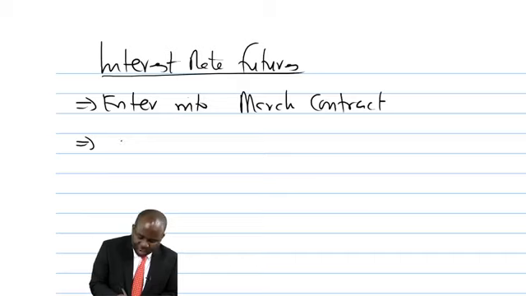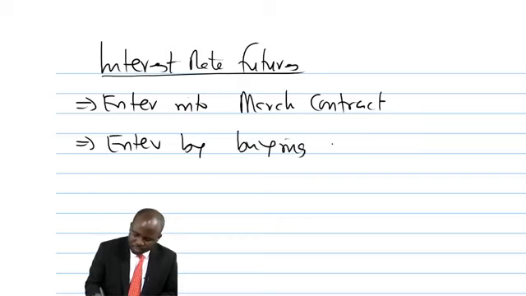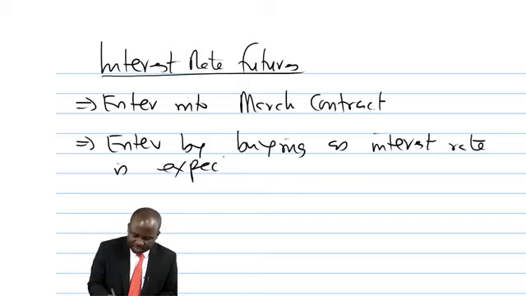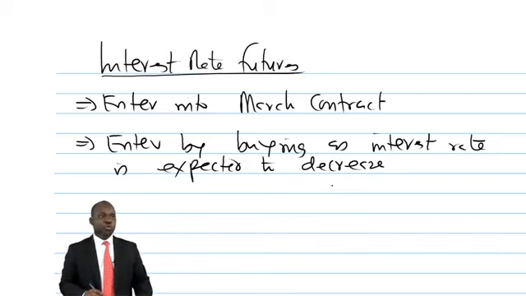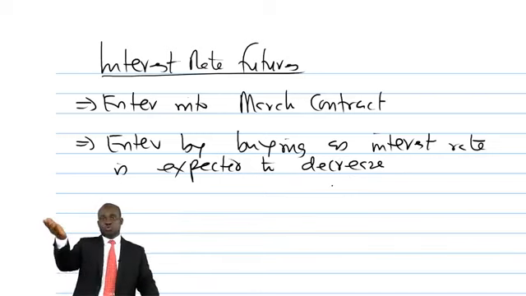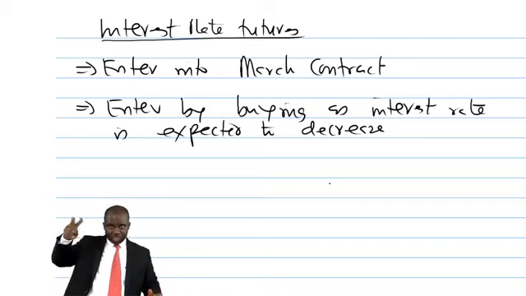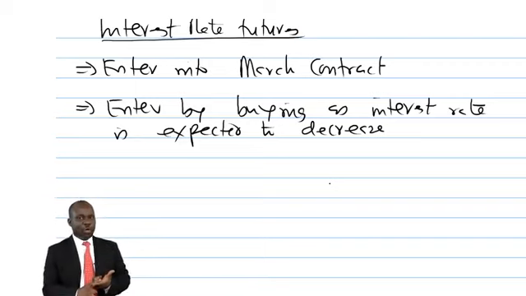So you will say when you are going to invest, you enter by buying as interest rate is expected to decrease. If you are going to borrow, your worry is interest rate will increase. So you sell it now, and then when interest rate increases, you buy it cheap, isn't it? So they turn the calculation upside down. So watch out.